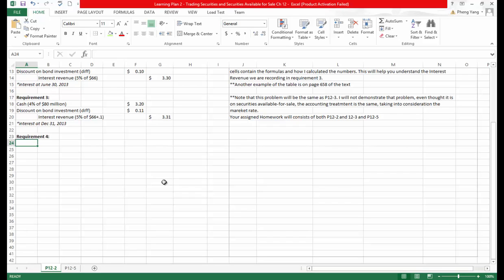And for investments in trading securities, the changes in the market value or the market returns provide an indication of management's success in deciding when to acquire the investment, when to sell it, whether to invest in fixed rate or variable rate securities, and whether to invest in long-term or short-term securities. So with that being said, we first need to determine the investment's amortized cost or the book value at the end of the year for requirement 4.